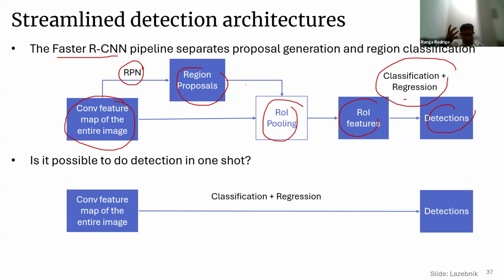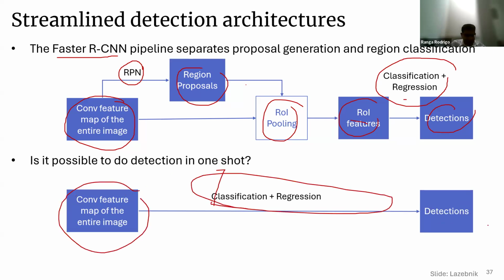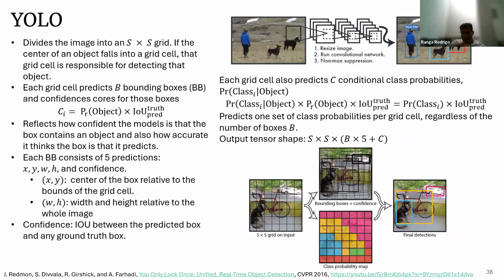But with single-stage detectors, you just have the convolutional feature map of the entire image, and then you run classification and regression on top of that to get the detection. So it must be very fast, but of course the accuracy will drop because of this direct computation. YOLO is one of the very important contributions in this area. We will briefly study YOLO and understand what kind of ground truth is required to produce it. I will run YOLO, and it's a 5 minute task to run it now.